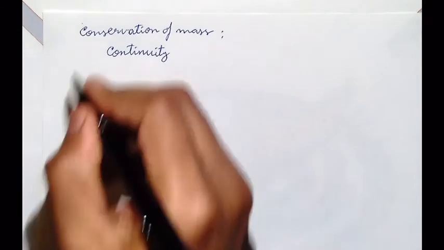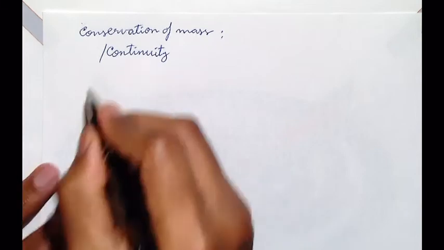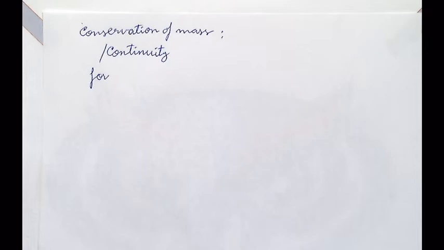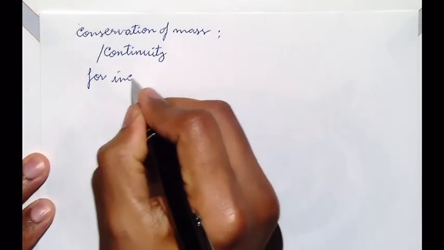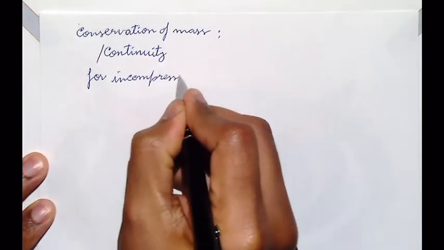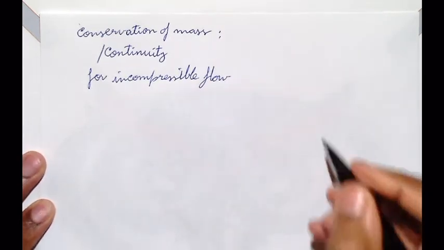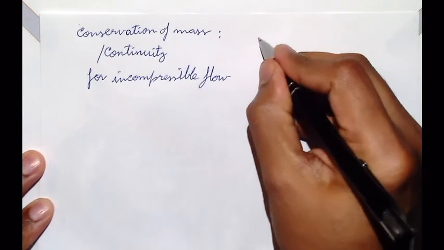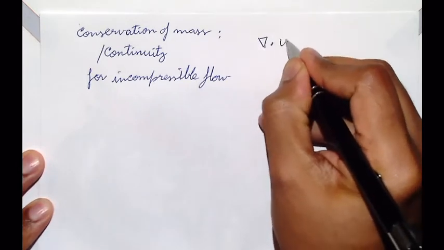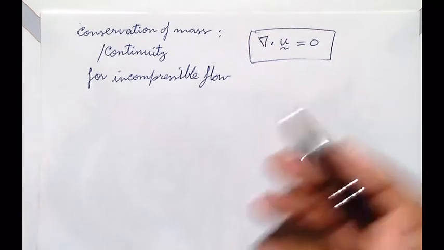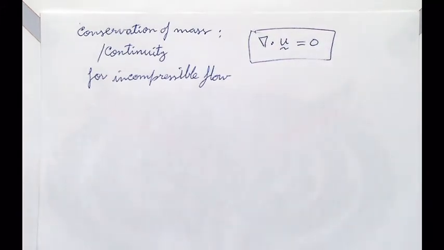For incompressible flow, in terms of velocity, there was a condition on velocity. Conservation of mass simplifies to del dot u equals 0. We derived this, and this is what will keep appearing over and over. So that's the first law.